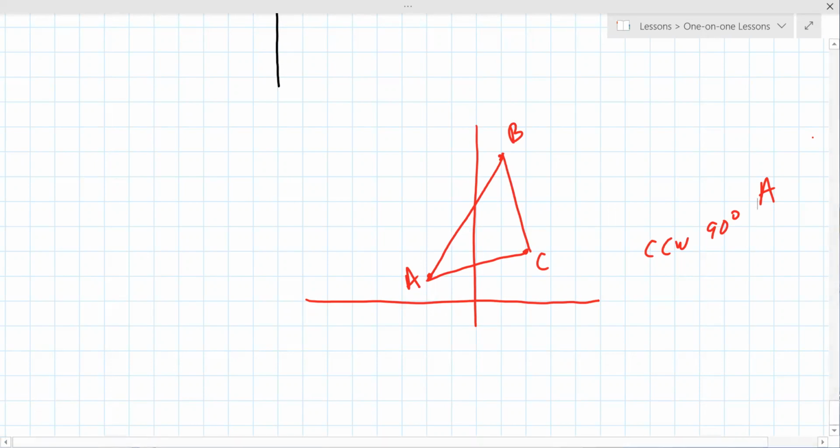We're doing this about point A, correct? About A, that was similar to one of the ones that you gave me. So A just stays by itself.